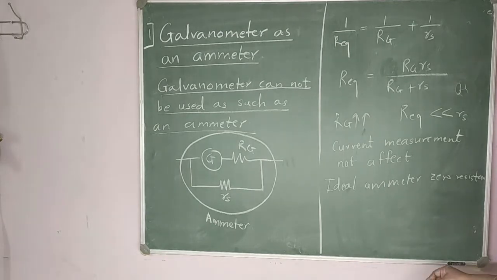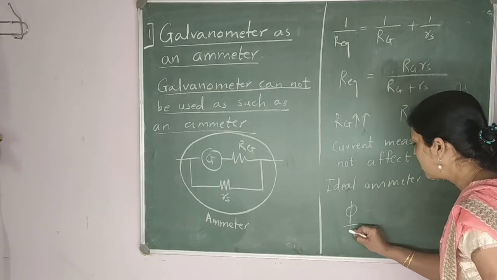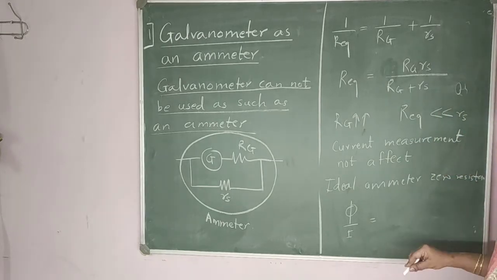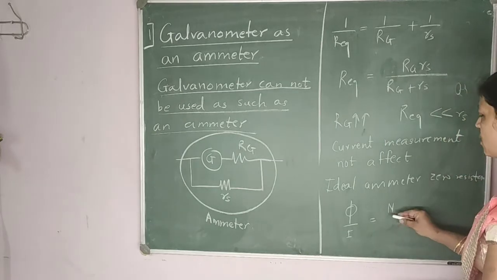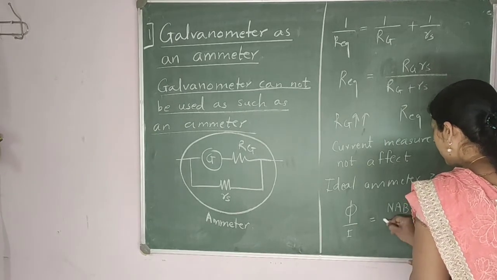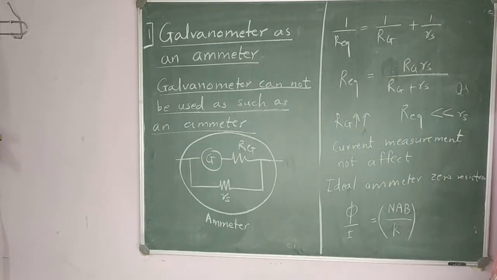Now we want to see the current sensitivity of this converted ammeter. Phi upon I is called the current sensitivity. We know from the equation we calculated earlier that phi is NABI upon K. So phi upon I is NAB upon K.